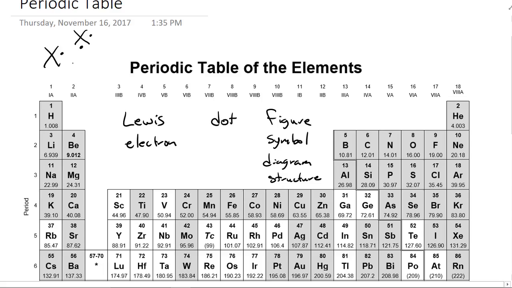Now the convention is this: when we write out the Lewis symbols, we place one dot on each side before we begin doubling up. But we could put it on any sides, top and bottom, left and right, top and right, and so forth. If we go on to group 3A, these all have three valence electrons, so we have three dots.